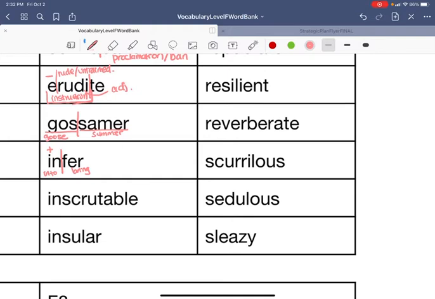Okay, so I'm going to move on to the next word, inscrutable. I know we just said in is a prefix, it means into. Here it means not. Scrutari is a Latin word meaning to search, to investigate.